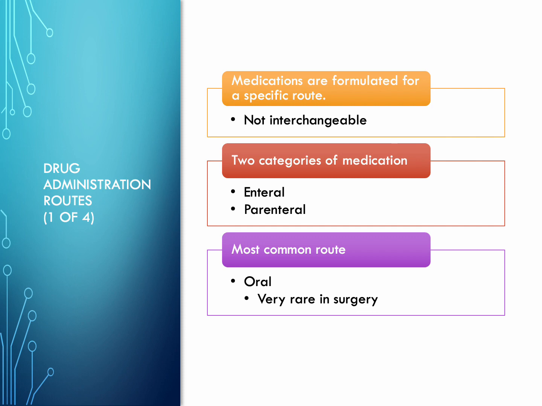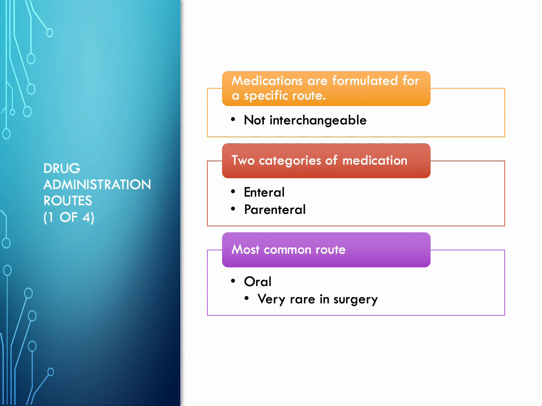And when they are, that means that that drug can only be administered via that specific route. So this means that they are not interchangeable. If a medication is designed to be administered through injection, like Zofran, it should be administered through injection. Drinking it is not a good idea, all right? It shouldn't be administered by any other route.